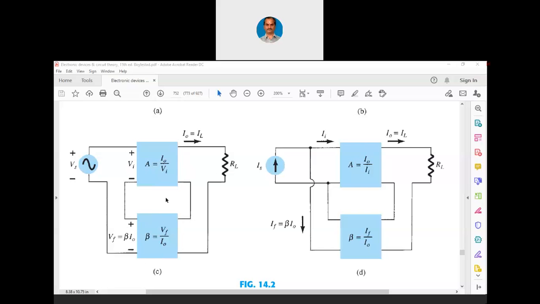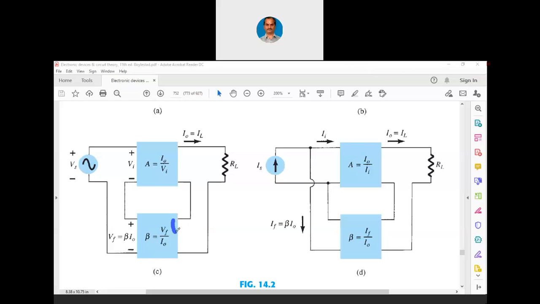Now the circuit which you see at the left side is current series feedback, meaning a portion of the current is taken back. You may wonder what is going to happen here. RL current is coming like this, it is going like this. As I have told you, this feedback network is basically a passive network.